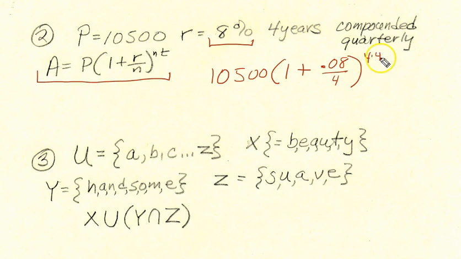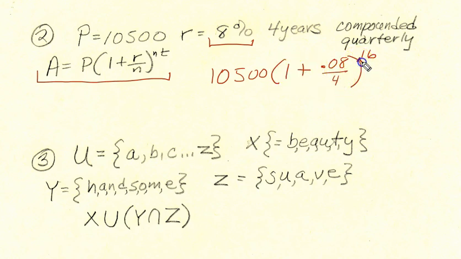So 4 times 4, this is going to be 16. So I can actually just change that here to 16 and make it a little easier. Okay, so I would do the 0.08 divided by 4, add 1.